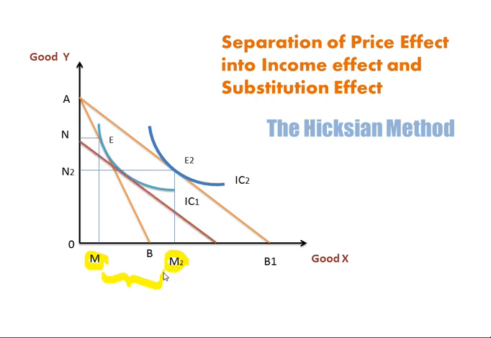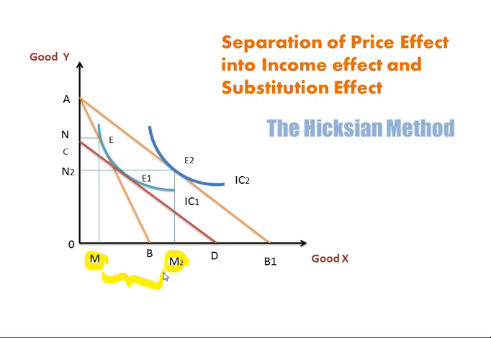Now look here. We have a new budget line called CD. This is known as compensating variation. When this increased income of the consumer is taken away, the consumer is at the same level of satisfaction that he was enjoying before.